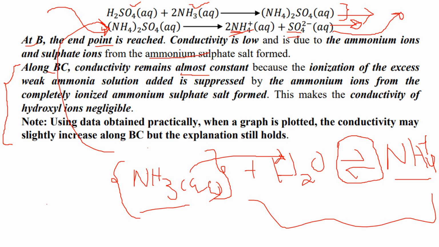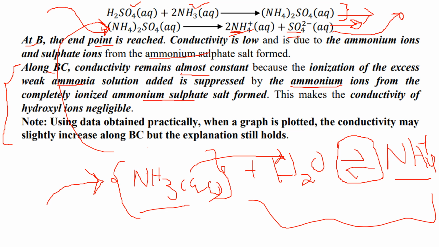And I said that we looked at this explanation in detail under ionic chemistry videos, under the titration graphs together with buffer solutions. So we're going to say that along BC, conductivity remains the same because ionization of your excess weak ammonia solution is being suppressed or decreased by the ammonium ions that are already coming from your fully ionized salt, which is ammonium sulfate.